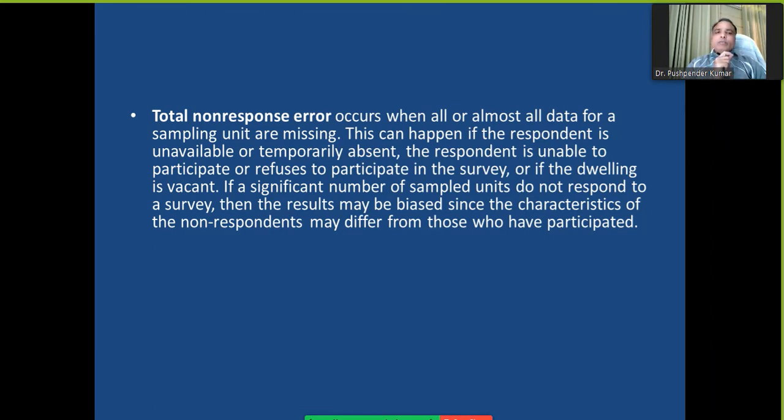This can happen if the respondent is unavailable or temporarily absent, unable to participate, or refuses to participate in the survey, or if the dwelling is vacant. If a significant number of sample units don't respond to a survey, then the result may be biased, since the characteristics of the non-respondents may differ from those who have participated.